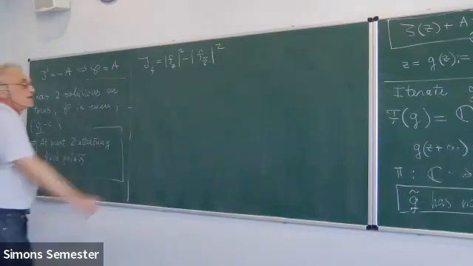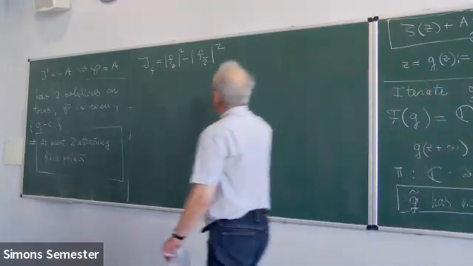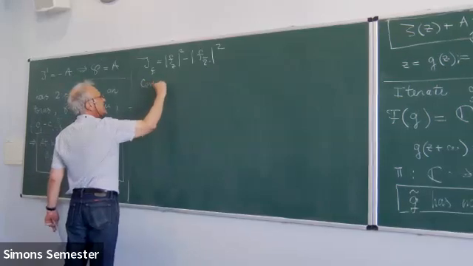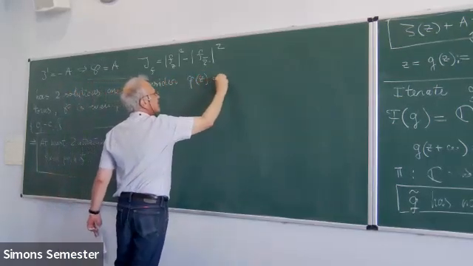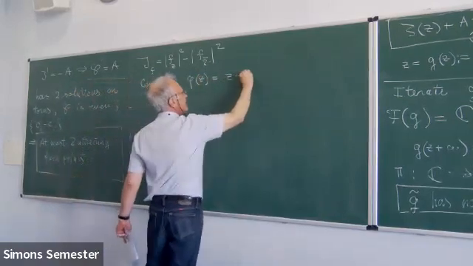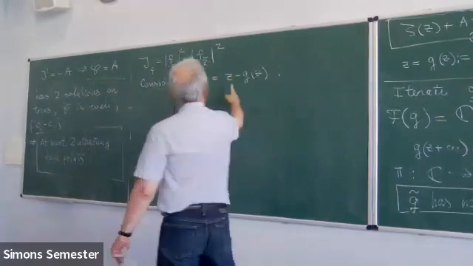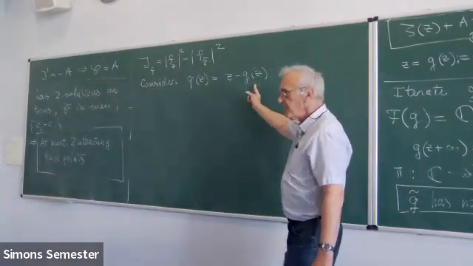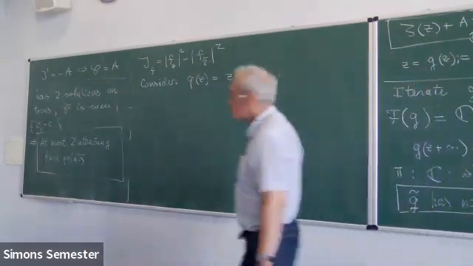Okay? But for our map, so what map? We consider the map phi. Okay, so this is a map. So I recall that this is periodic. Yeah, it's our left-hand side of our equation.